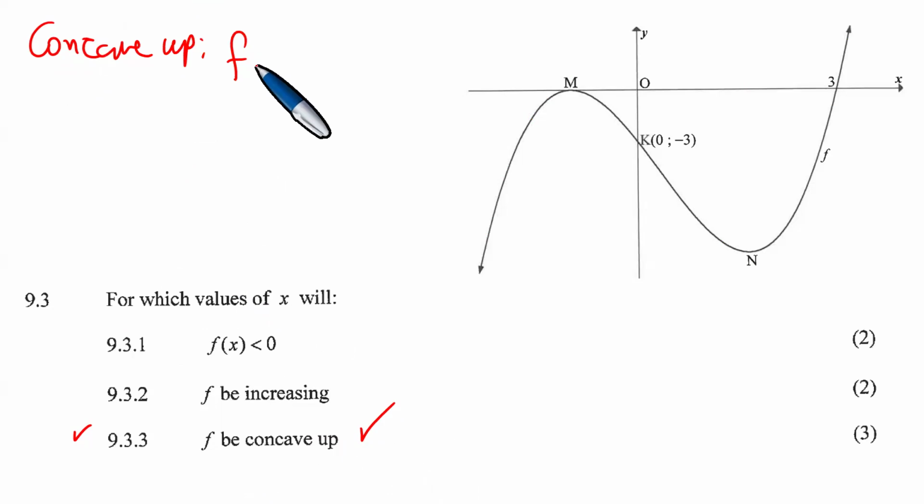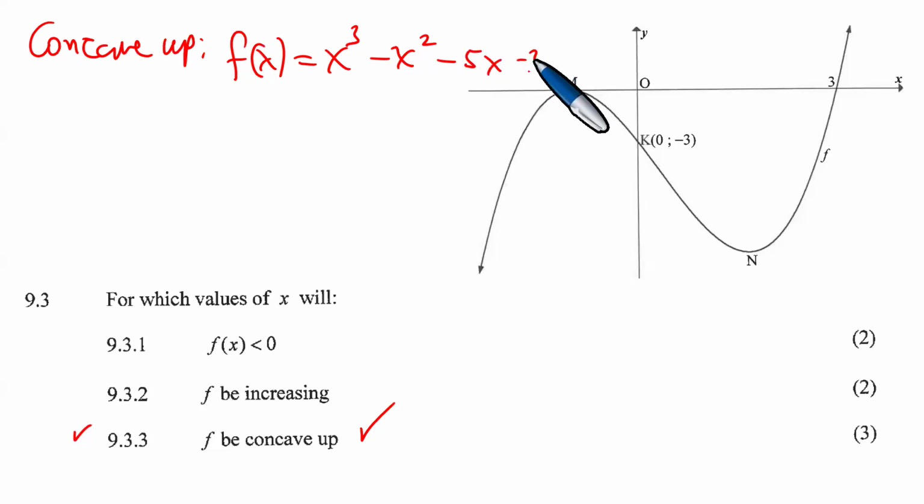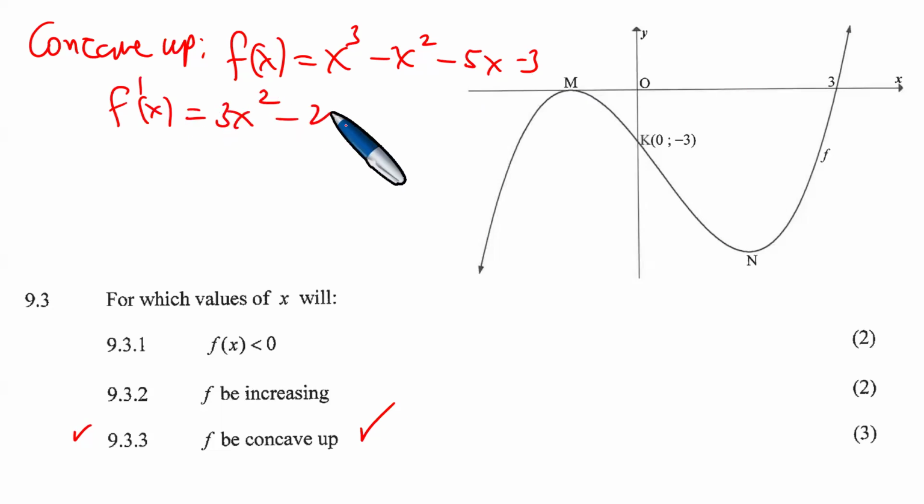Concave up means that you must find the derivative. The defining equation of the function is f of x equals x cubed minus x squared minus 5x minus 3. Find the first derivative, which is 3x squared minus 2x minus 5. You bring down the 3, subtract 1, bring down the 2, subtract 1.